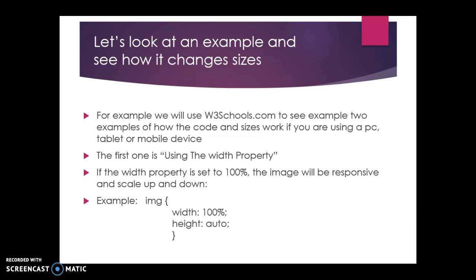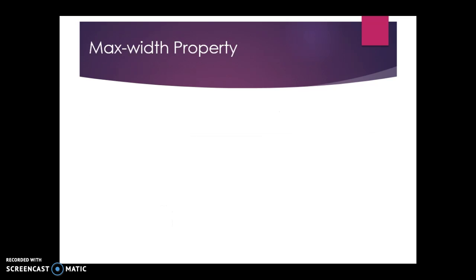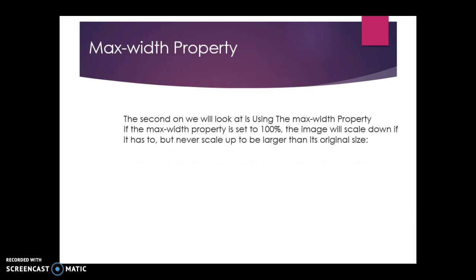Example, the element IMG has a width of 100% and a height of auto. The second one we'll look at is using the max width property, and it's set to 100%, and the image will scale down if it has to, but it will never scale up to be larger than its original size.